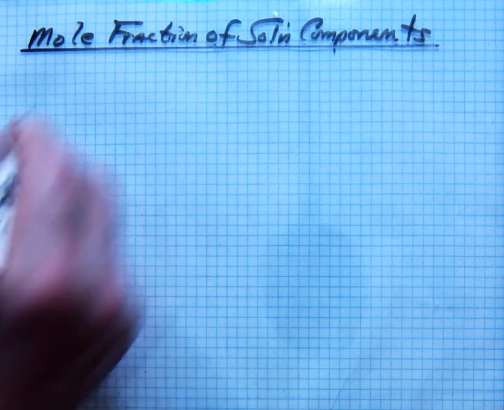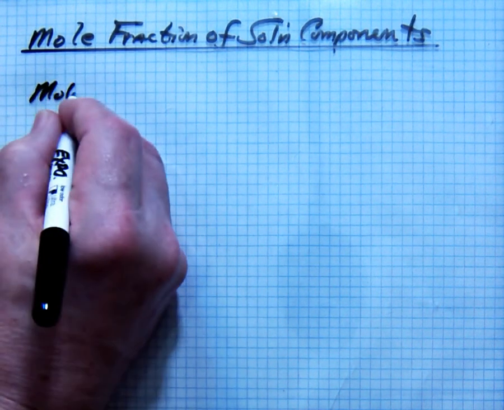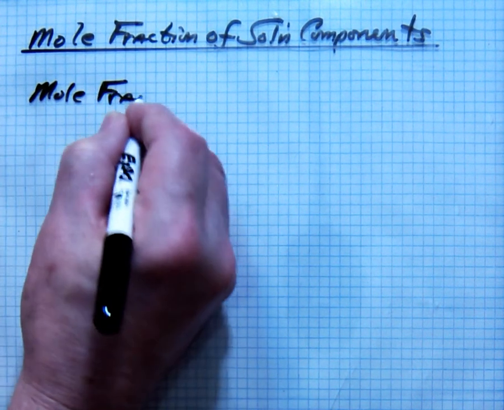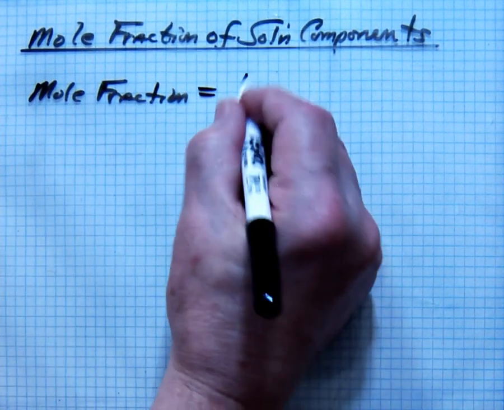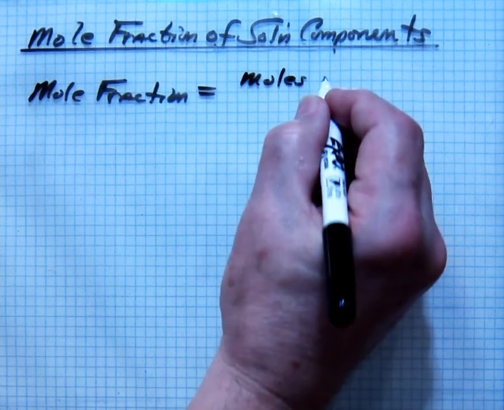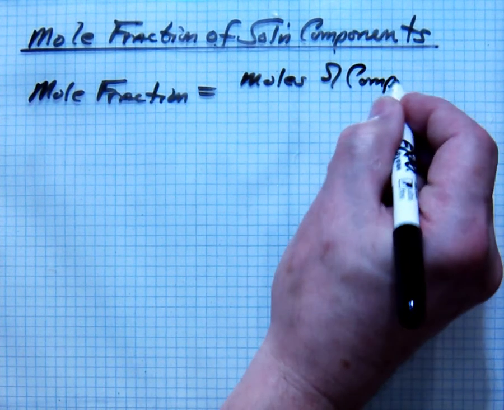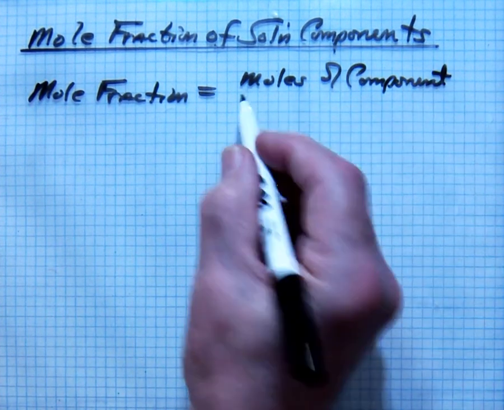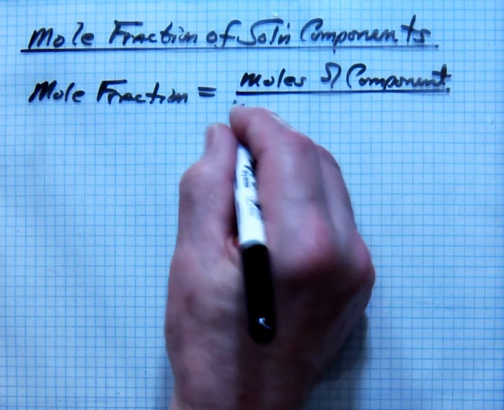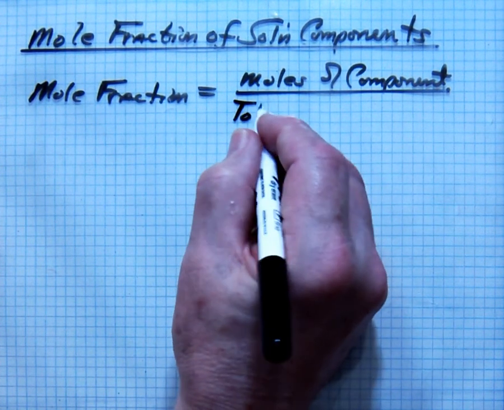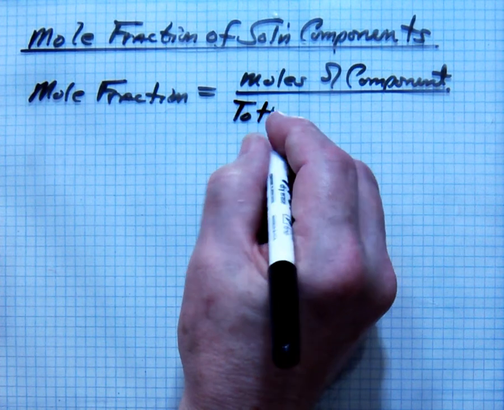So a mole fraction of a component is moles of component divided by total moles of the system, of all the components.